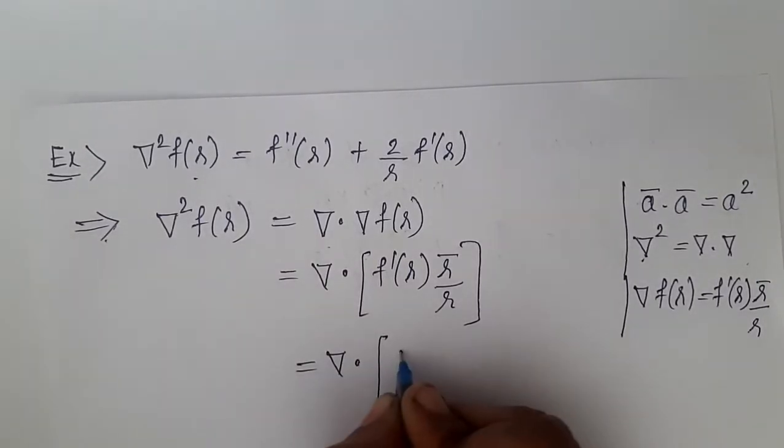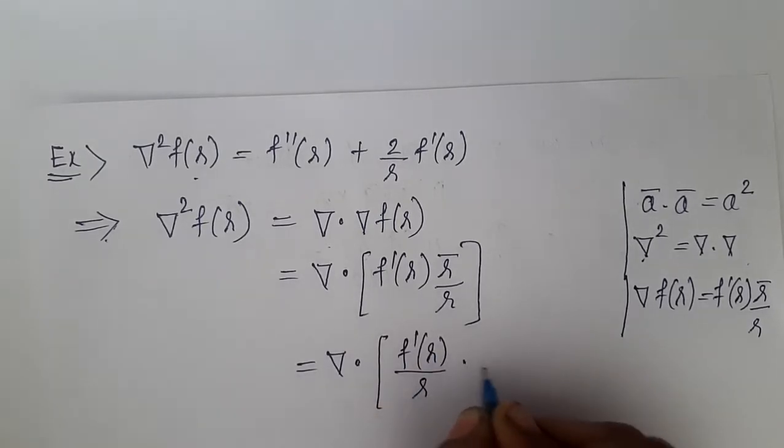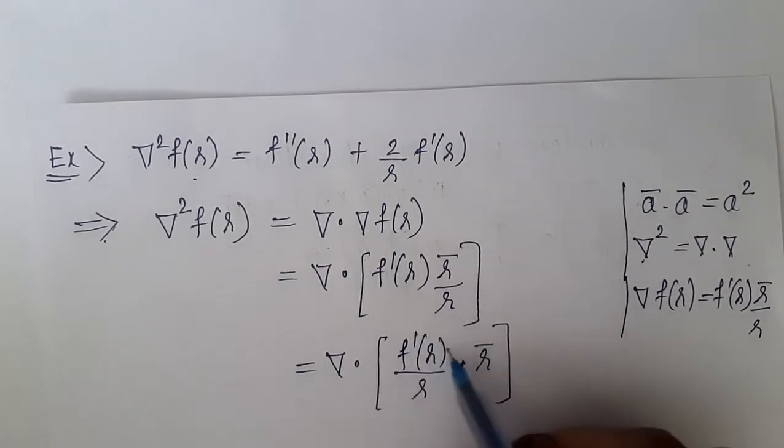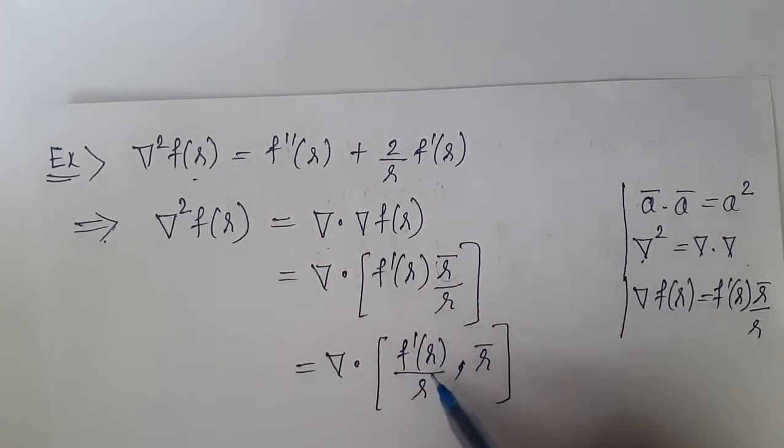Can we write this same function as f dash of r by r multiplied by vector r? Now see, this is not a dot product. Why have we written it like this? Because f dash of r is a scalar quantity, r is a scalar quantity, but this r vector is a vector quantity. So I have combined the scalars in one term and multiplied by the vector term. So f dash of r divided by r is a scalar multiplied by a vector.